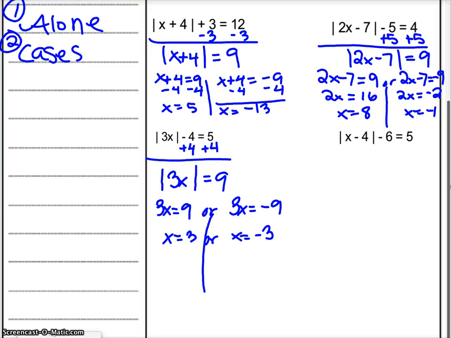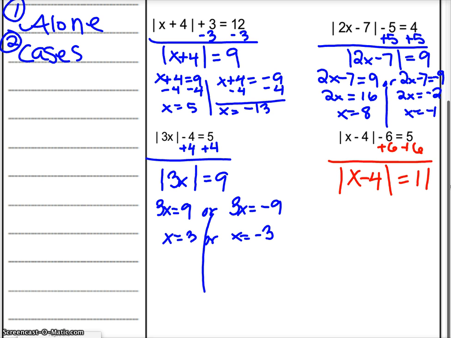Alone case. So my absolute value sign isn't alone right now. I have minus 6 on the same side. So I need to move that minus 6 first before you make your cases. So I'm going to plus 6, plus 6. The absolute value of x minus 4 equals 11.